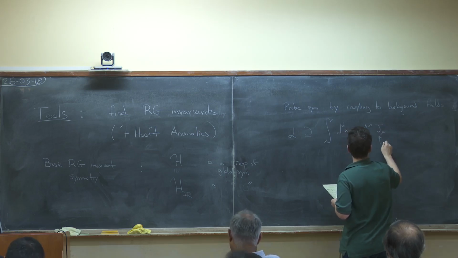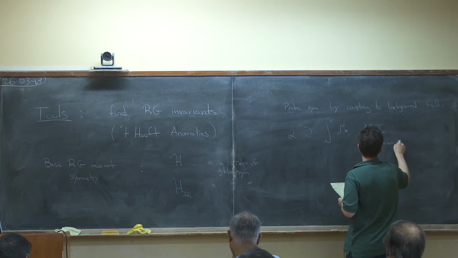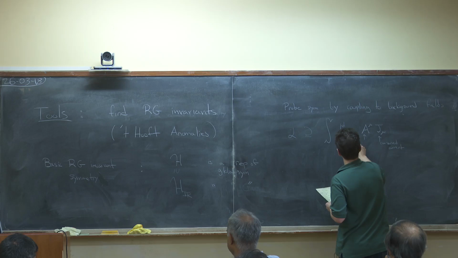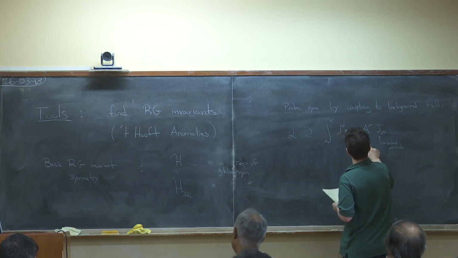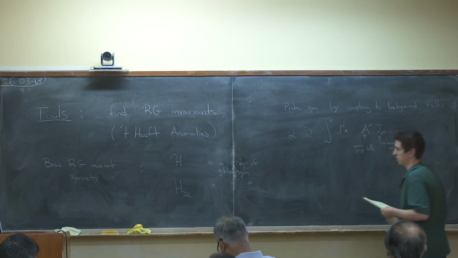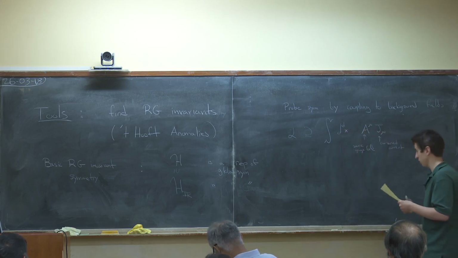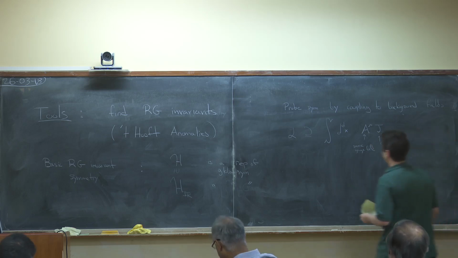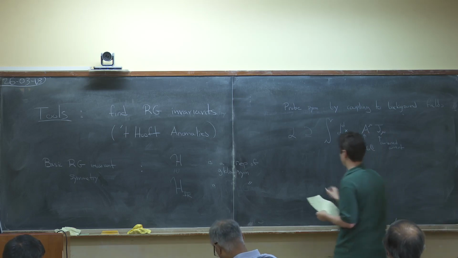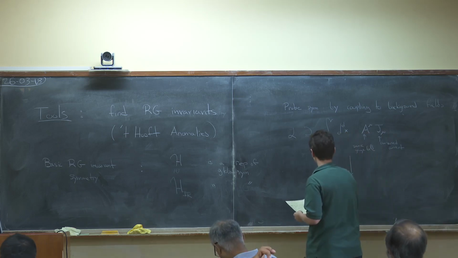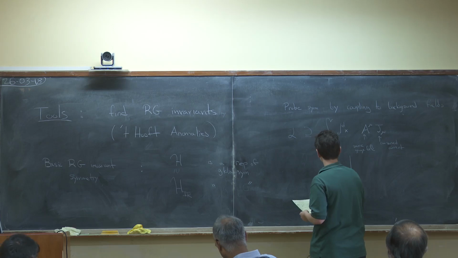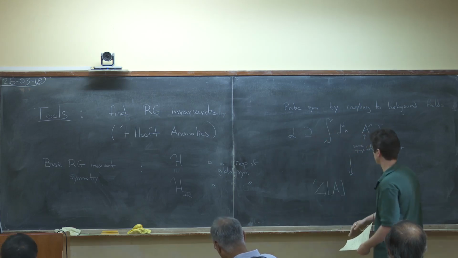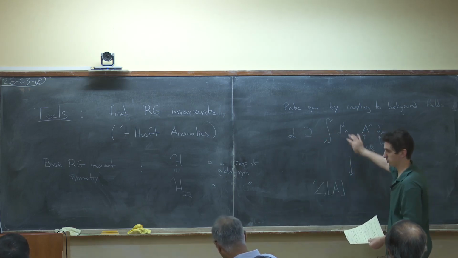This is the conserved current, and this is a source gauge field. It's classical, it's not fluctuating. It's some fixed background that I put into my problem. And so from this, we define a partition function, Z, that depends on A, which is the path integral in the presence of this coupling.